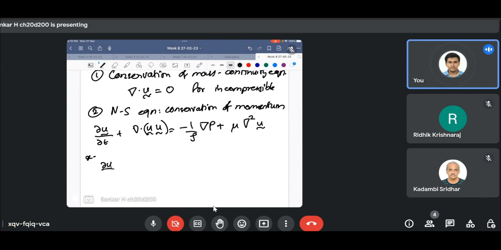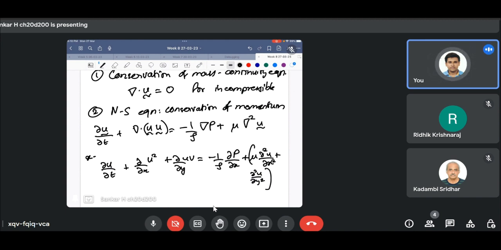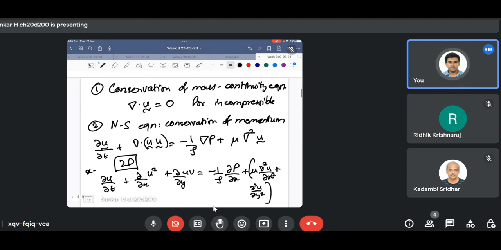We can write this as dou u by dou t plus dou by dou x of u square plus dou by dou y of uv is equal to minus 1 by rho dou p by dou x plus mu times dou square u by dou x square plus dou square u by dou y square. Let me assume that this is just in 2D, so I'm neglecting the z for now, for simplicity.